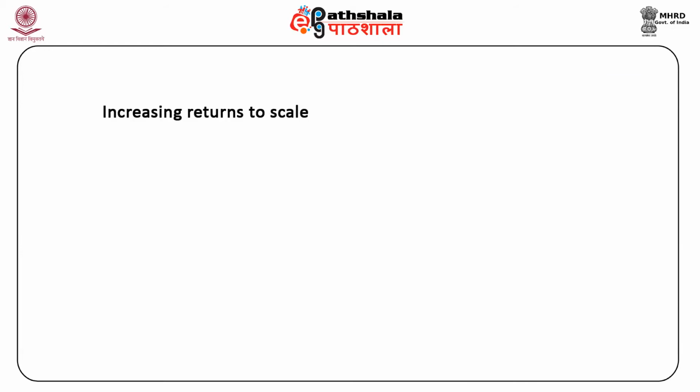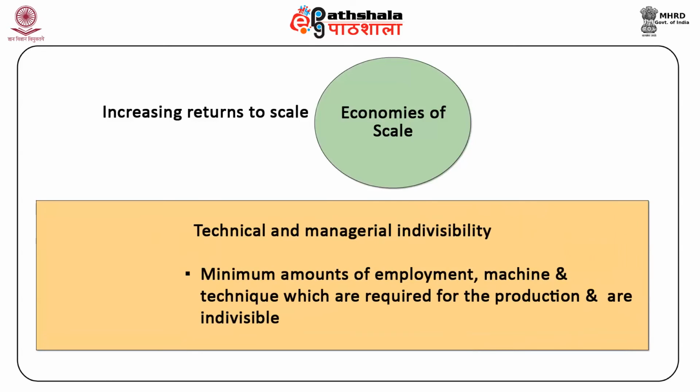Increasing returns to scale happens because of the economies of scale. The different types of economies of scale which lead to increasing returns to scale in a production process are technical and managerial indivisibility.